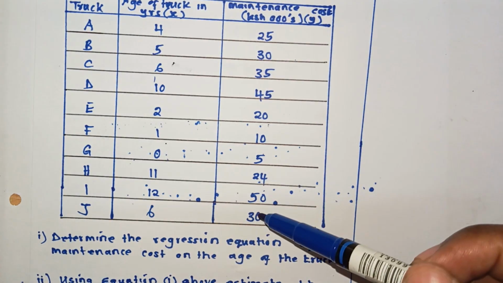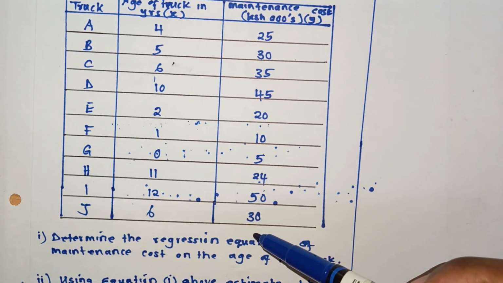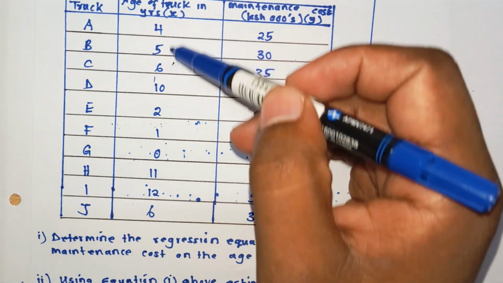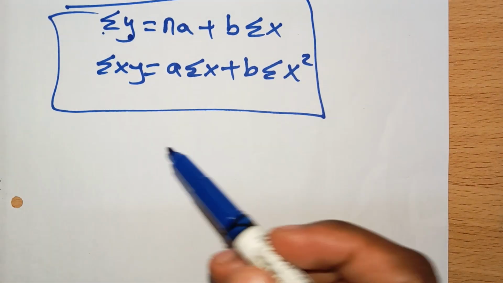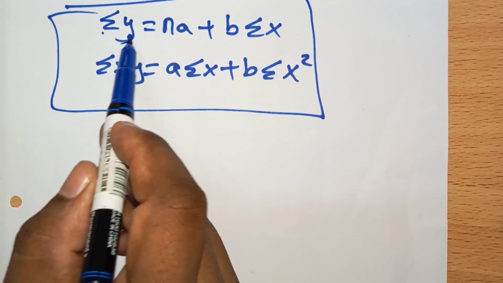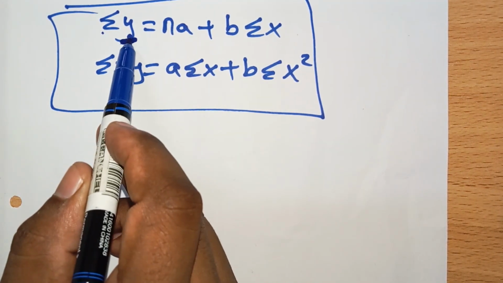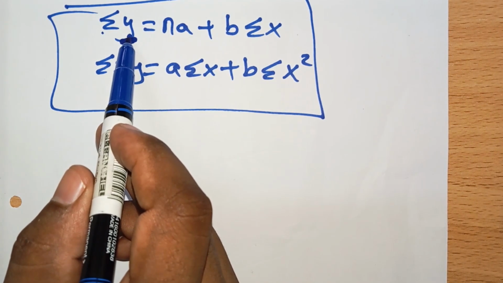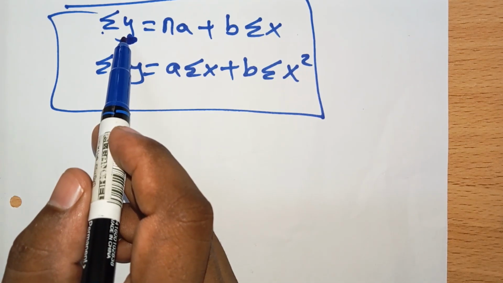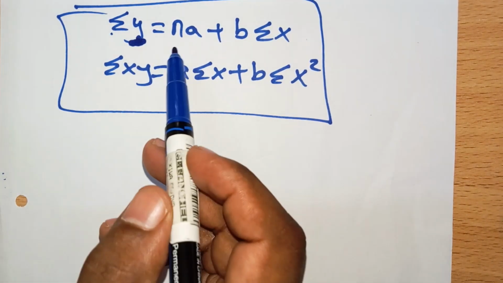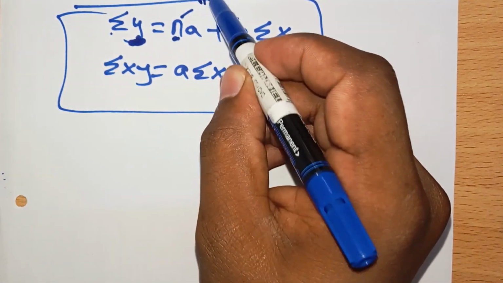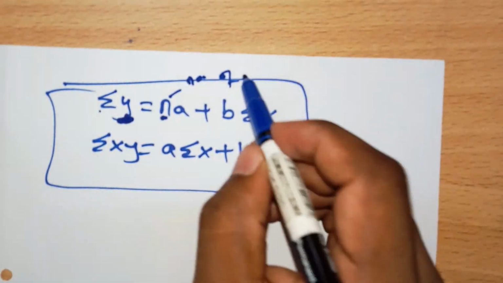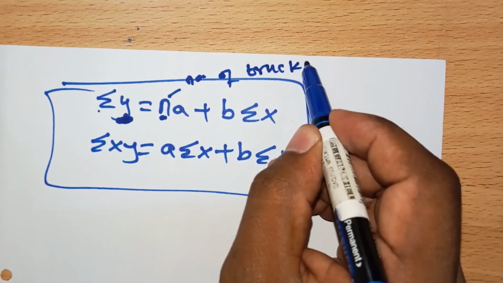Once we add all the values on the X column, they give us summation of X. In this particular case, we are not going to have another column for Y, because we have it as maintenance cost. Then N represents the number of trucks.